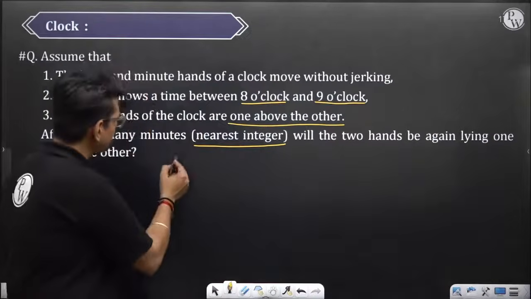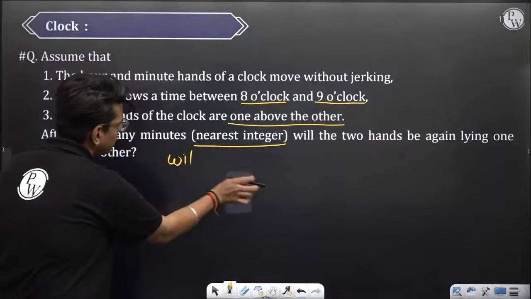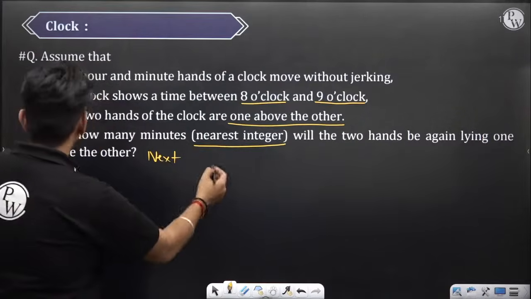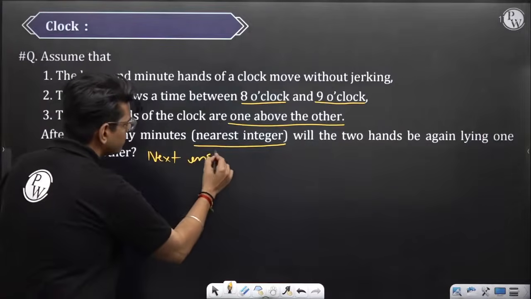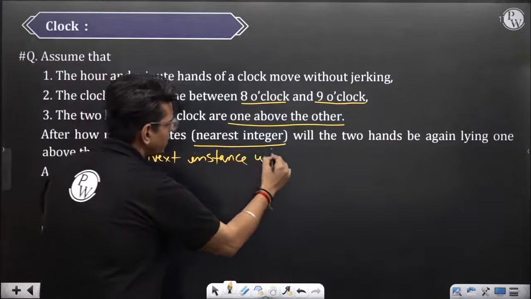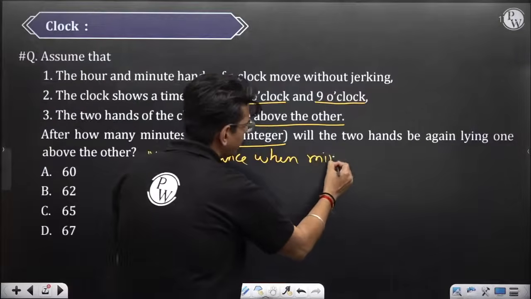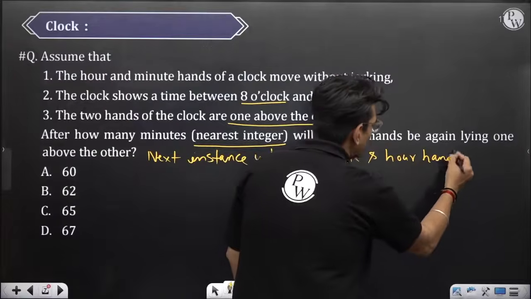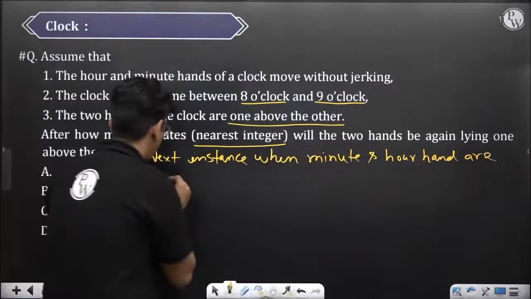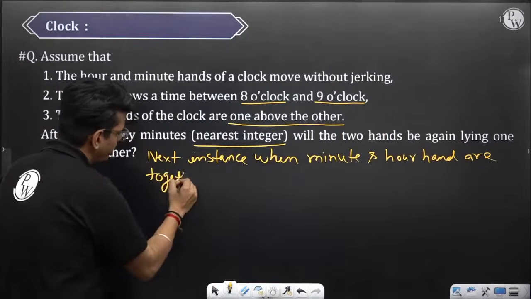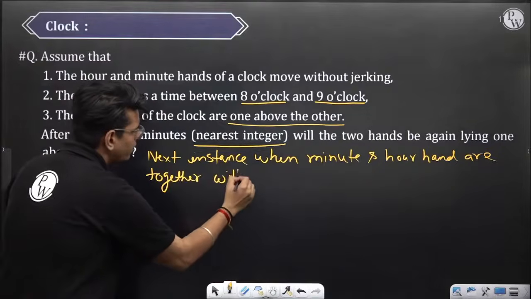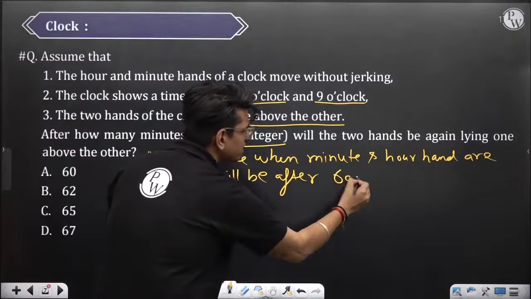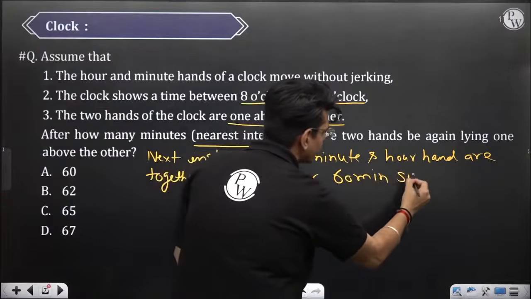So the next instance when the minute and hour hands are together will be after 60 minute spaces, right?